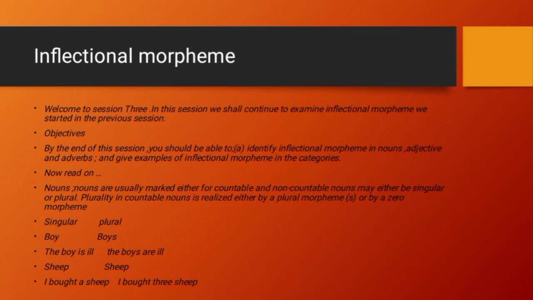Our learning objectives for this session: by the end of this session, you should be able to identify inflectional morpheme in noun, adjective, and adverb, and give some examples of inflectional morpheme in these categories. Now read on.